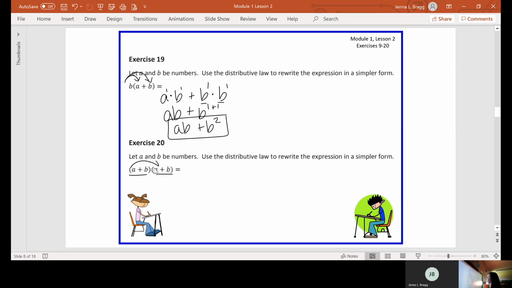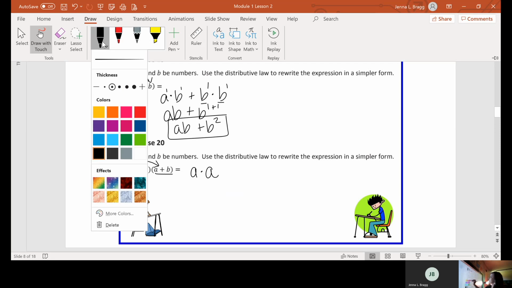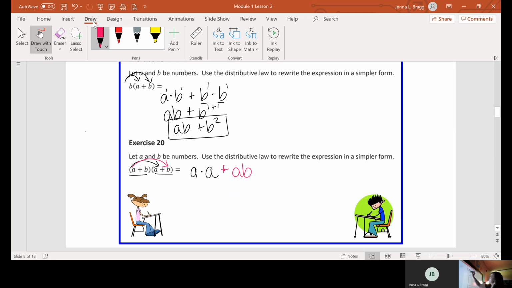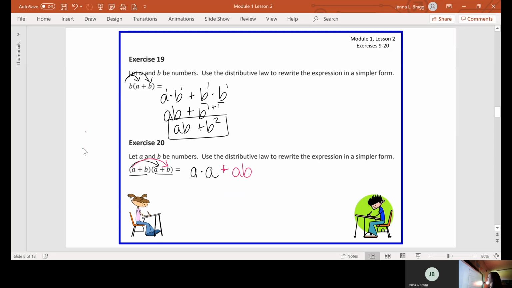So I'm multiplying A times A times B. Now I have to multiply this B times this A. So plus A plus B.